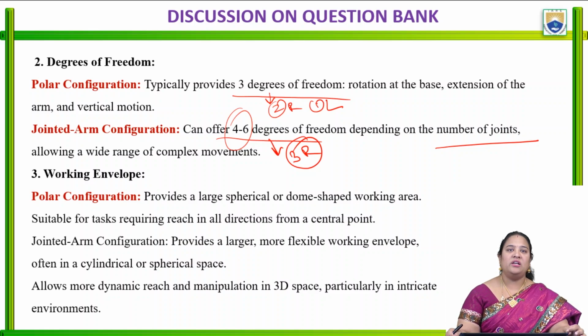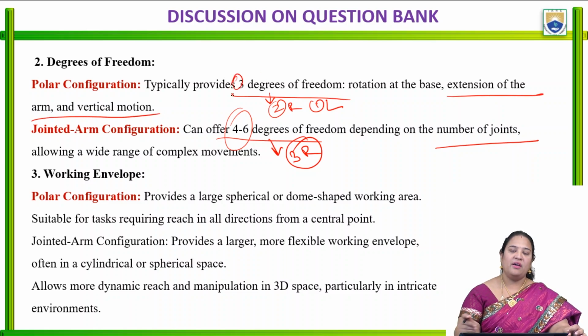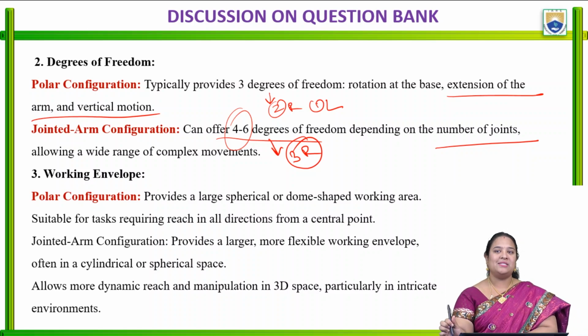And the polar has an extension of the arm and vertical motion. That is the reason it has only 3 degrees of freedom. Whereas the jointed arm configuration has 4 to 6 degrees of freedom, moving in the rotational joints, which purely depends upon the number of joints, and gives a wide range of complex movement.